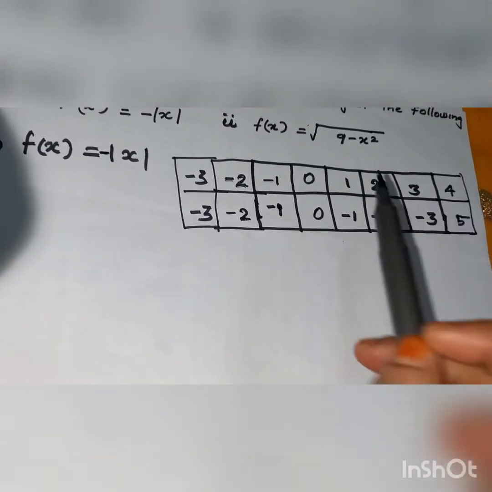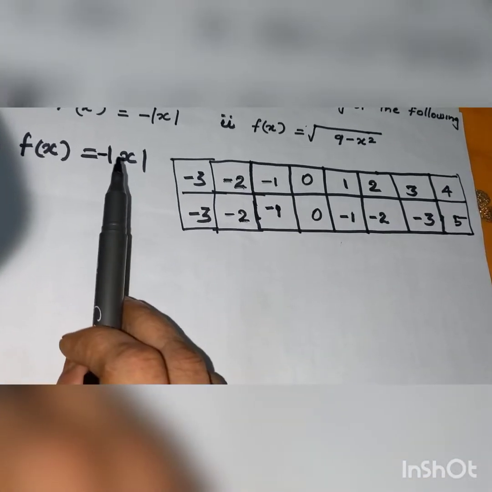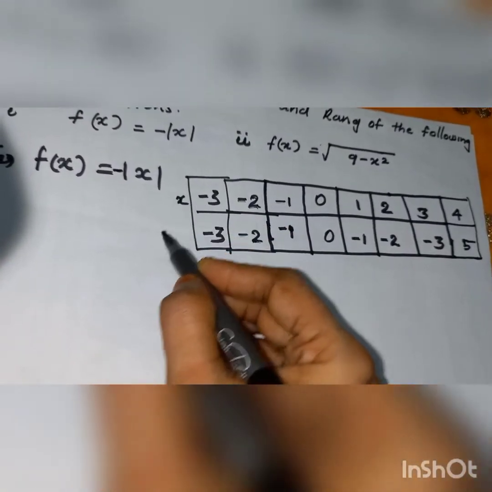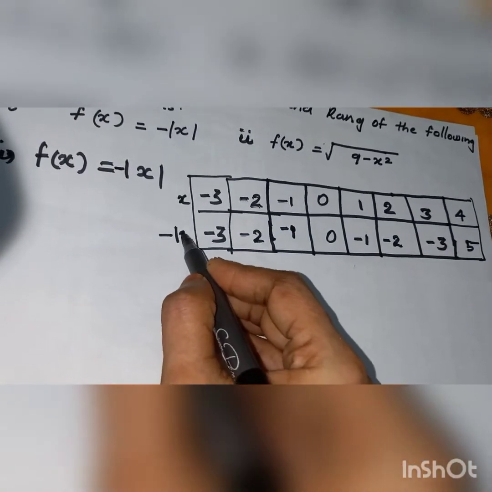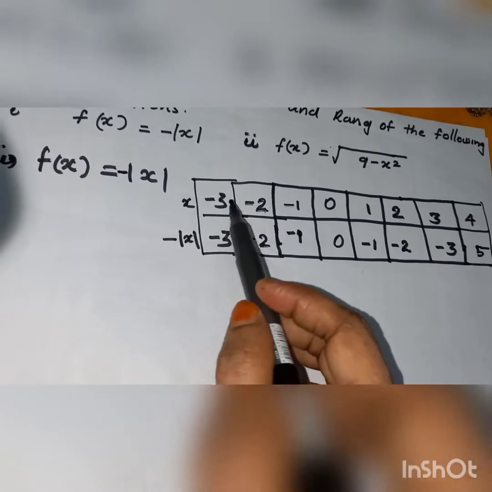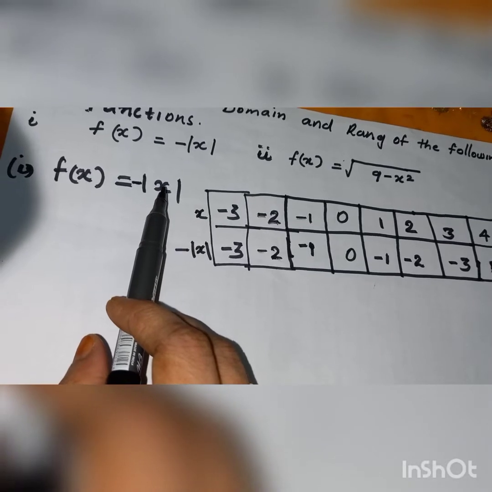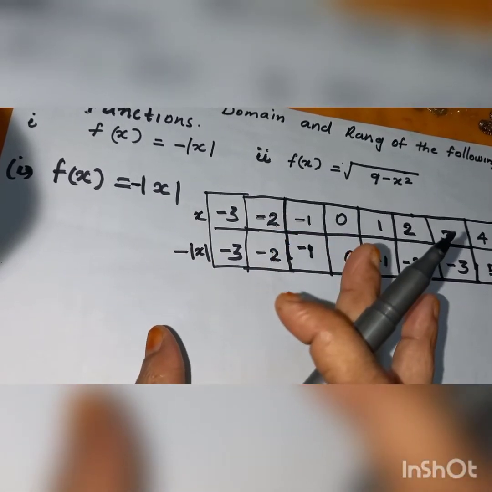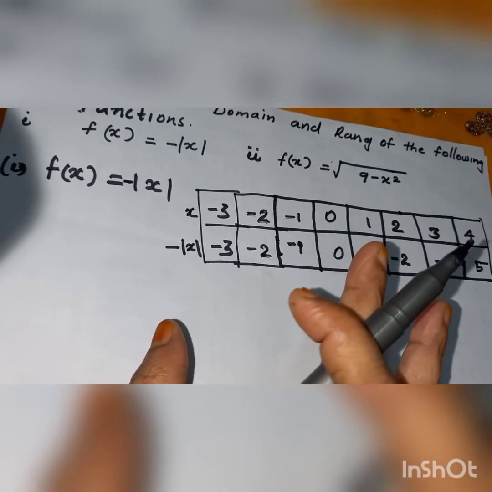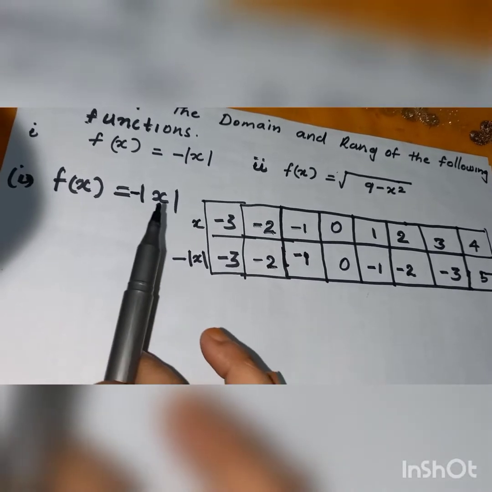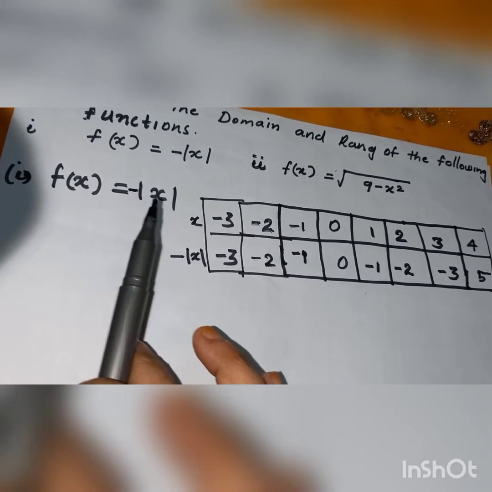So if I am taking minus 3 here, what will you get? This is x, this is minus of modulus x. If I put minus 3 here, modulus of minus 3 is equal to 3, you already studied that in small classes. So minus of that gives minus 3.